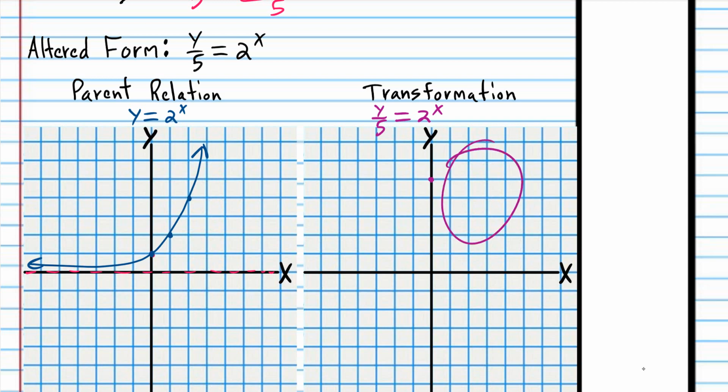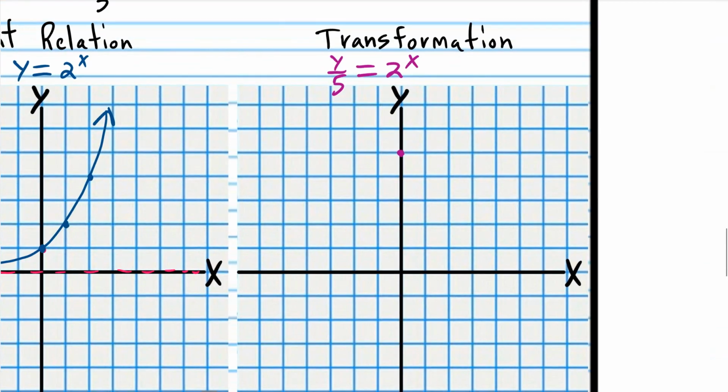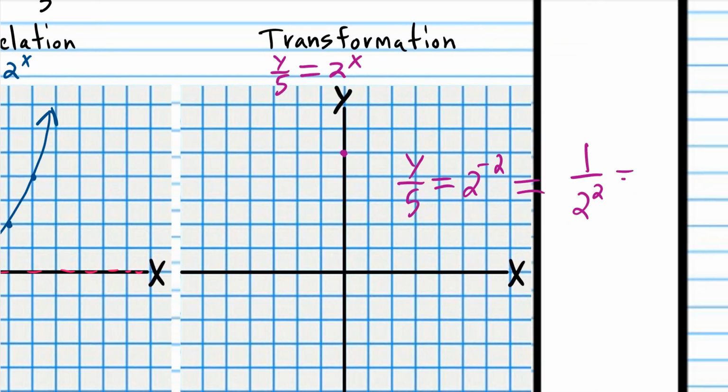And any other points out here are obviously going to be outside the graph. In this situation, we might want to plug in a negative number. We don't usually do that, but let's try plugging in negative 2. So if we plug in negative 2, remember 2 to the negative 2 power is the same thing as 1 over 2 to the positive 2 power, which becomes 1 over 4.